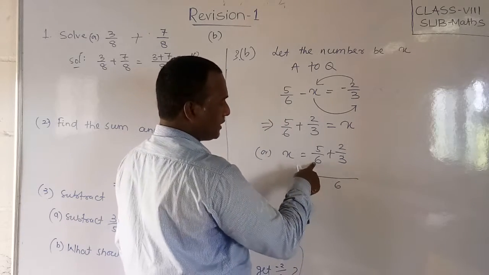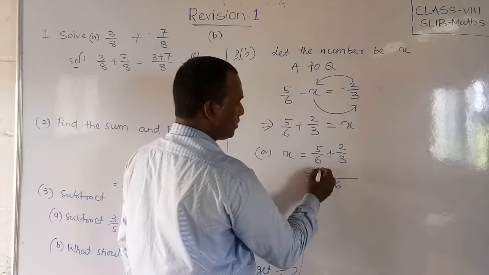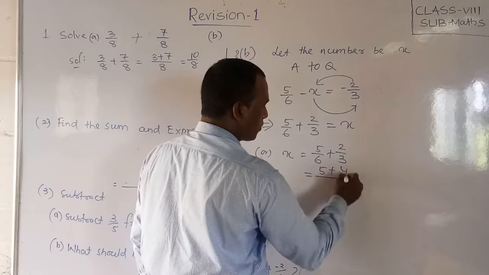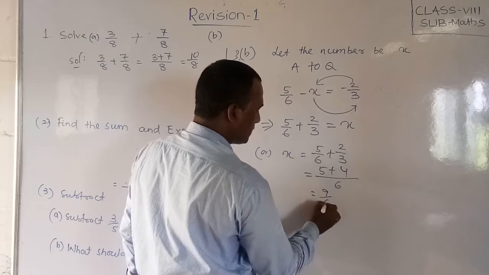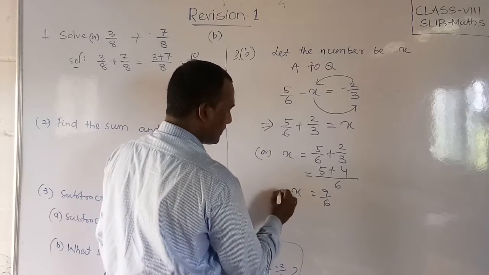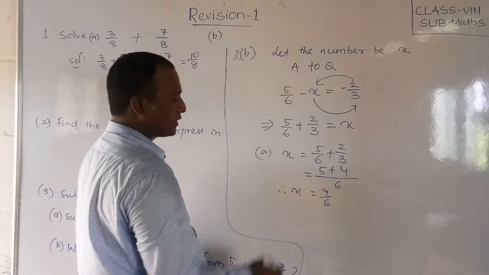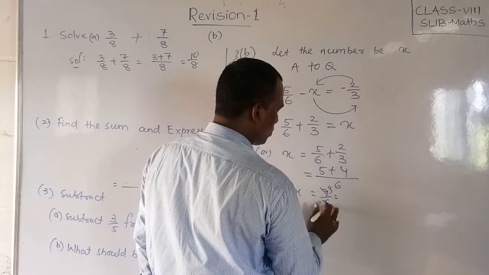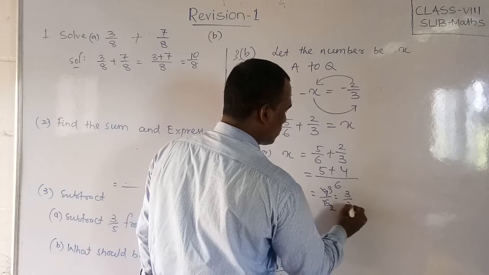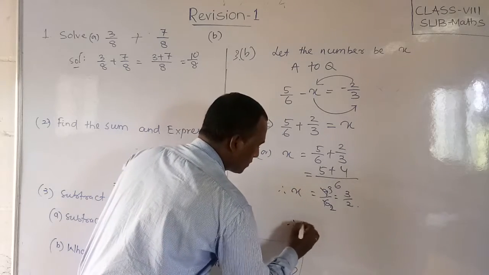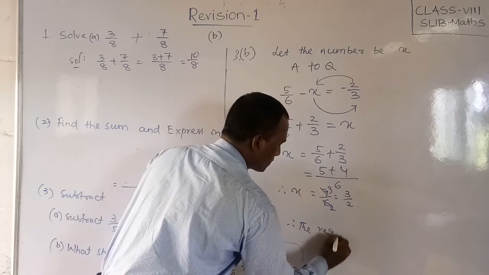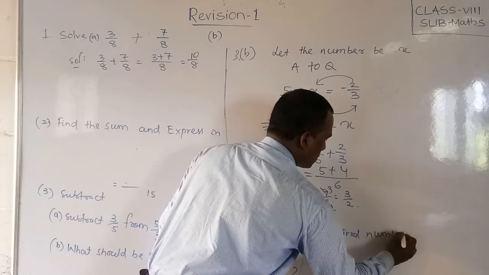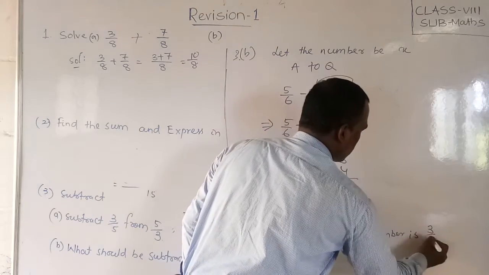So 6 divided by 6 is 1, 1 into 5, plus 6 divided by 3 is 2, 2 fours are 4. So 9 by 6. Hence x is equal to 9 by 6. If we cancel by 3, we get 3 by 2. So the required number is 3 by 2.